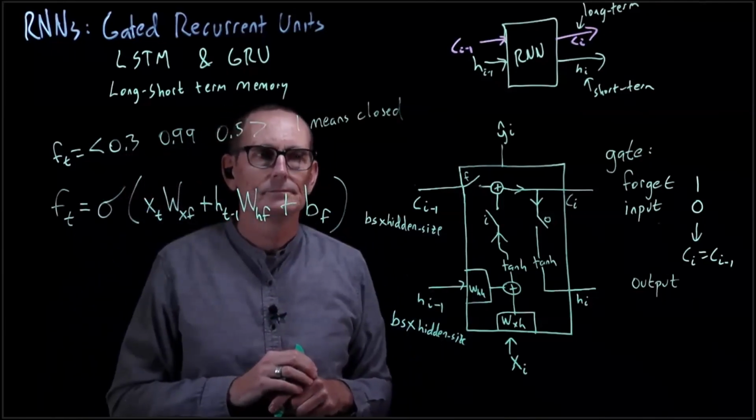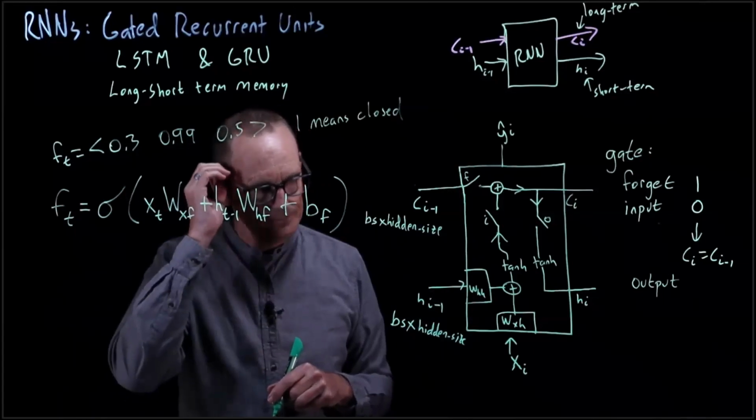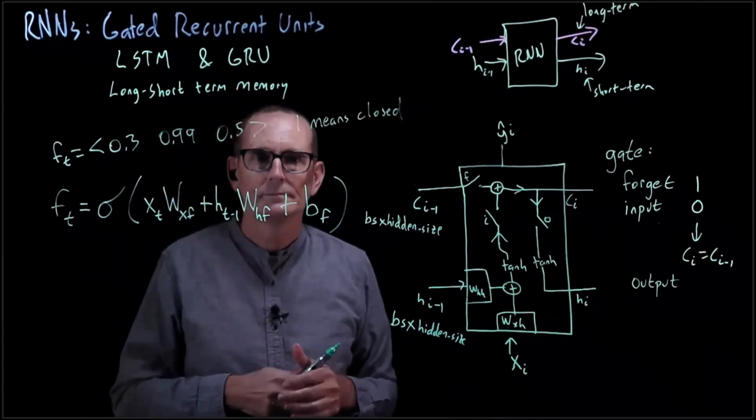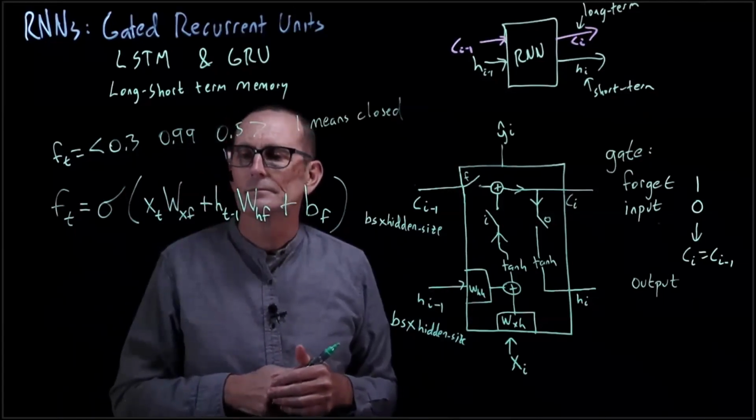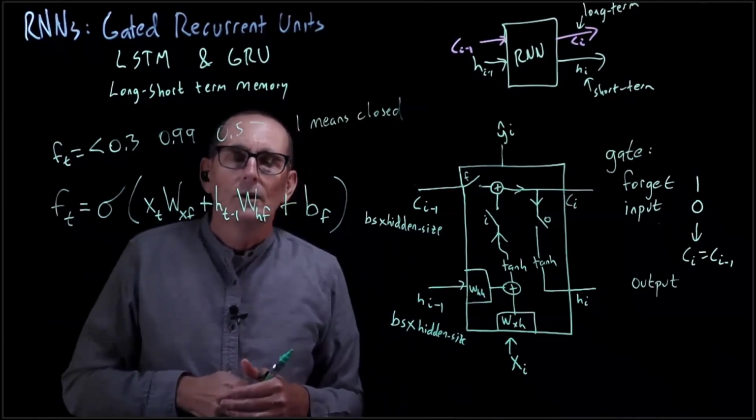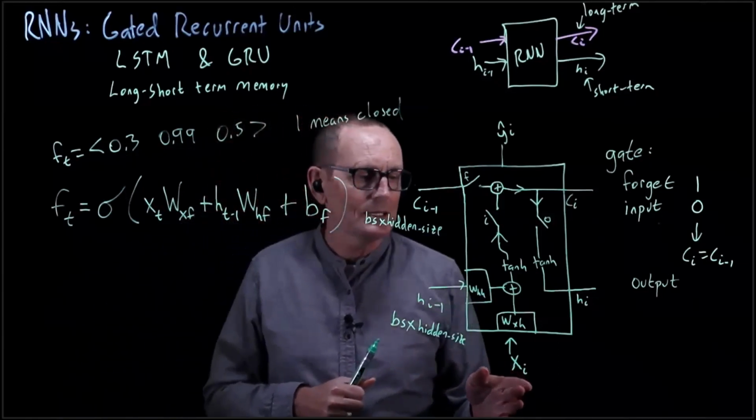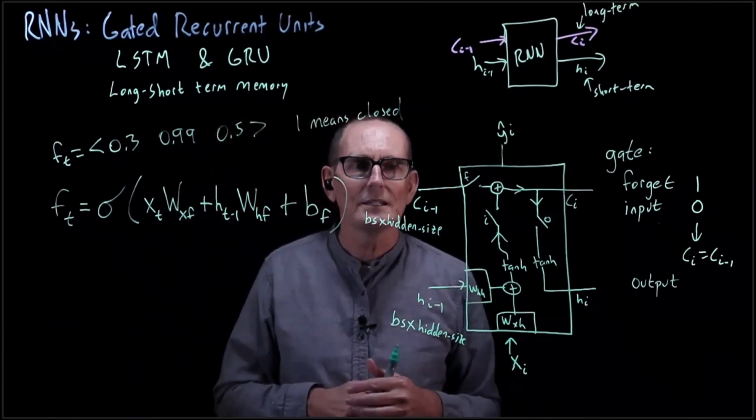I don't understand the intuition why, if you have the same x input and h input, the forget gate should be forgetting the same amount. We have the same x and h. Can you repeat that again, Daniel?